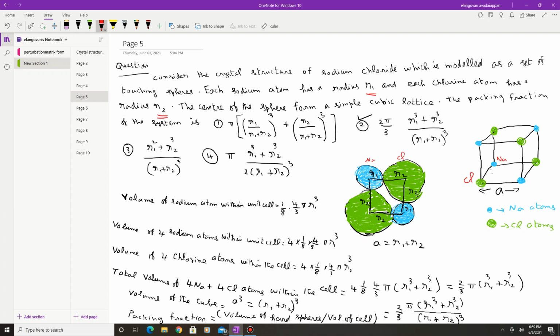The volume of sodium atoms within the unit cell is 4 by 3 pi r cube for one sodium atom, and its contribution is only 1 by 8, because there are 8 corners.